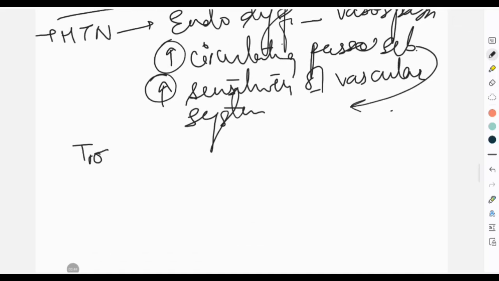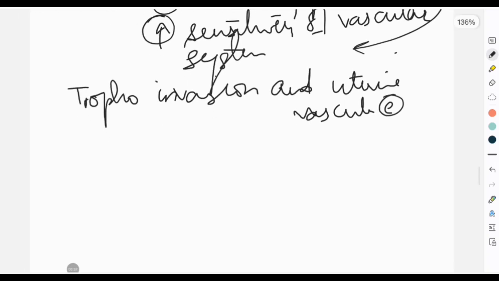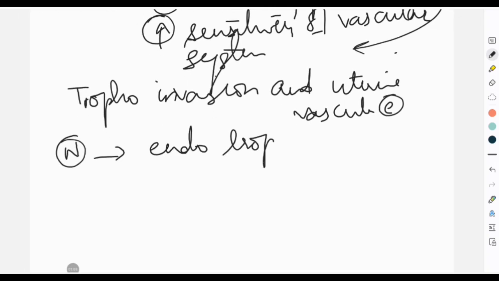Then we have the trophoblastic invasion and uterine vascular changes.